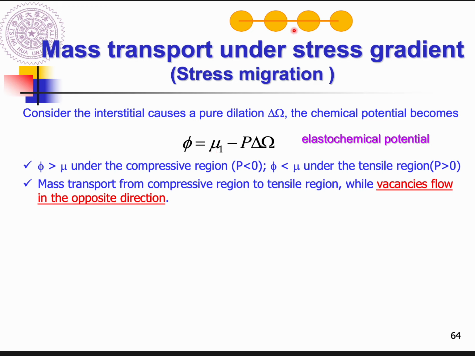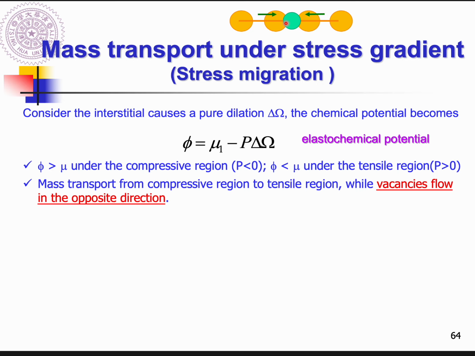But if this material suffers a stress gradient, for example, if we insert an edge dislocation inside this material, then in this region we can expect that, due to the addition of this interstitial or these atoms, it will cause a stress field, a compressive region, inside this material, right? Don't forget, this is a compressive region.